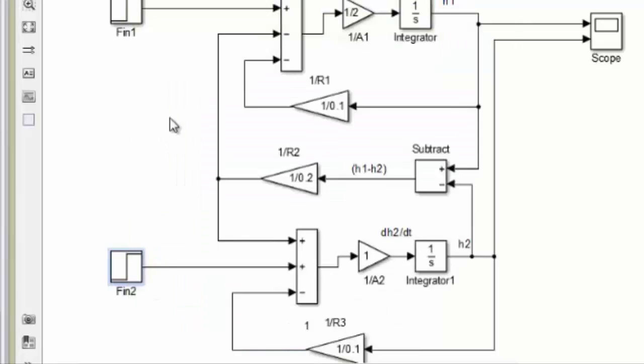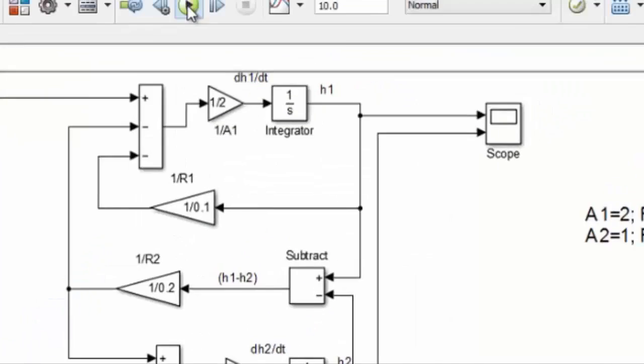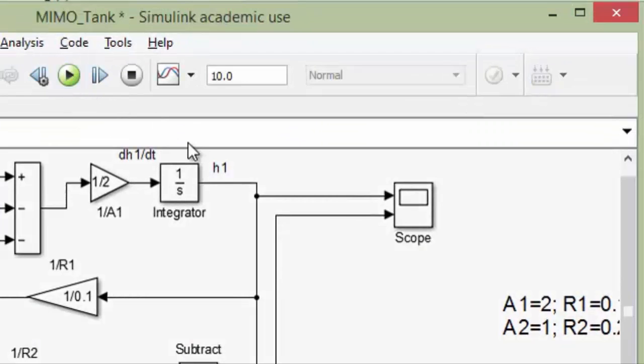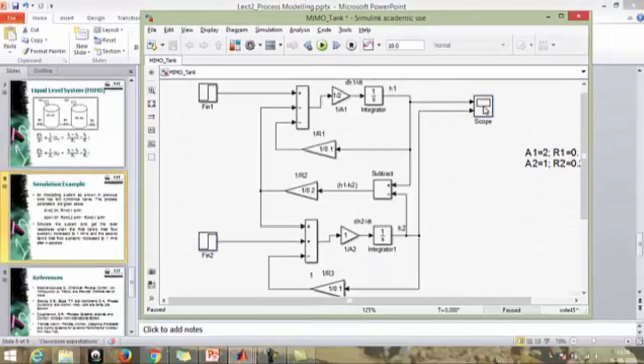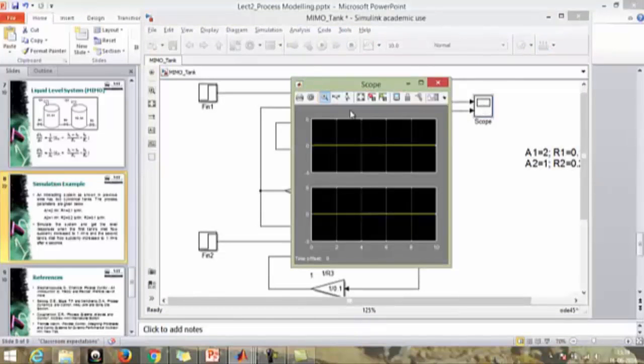We will run this simulation with the basic Simulink settings available, and we can observe both the process parameters, that is tank 1 and tank 2, on a single scope.